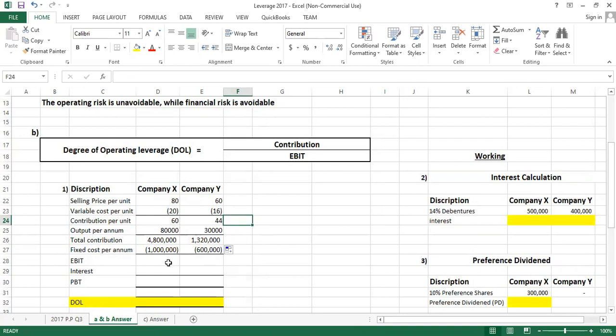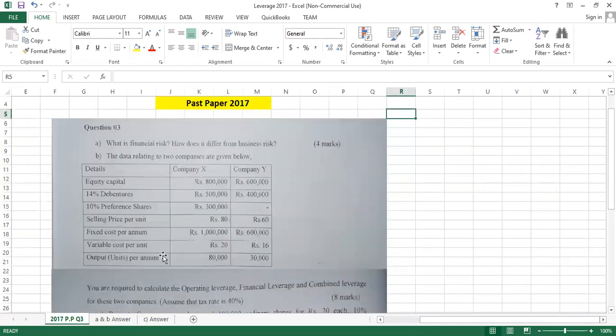Then less the fixed cost per annum, we can calculate the earnings before interest and tax. In this question, they gave the fixed cost per annum. Company X fixed cost is 1 million. Likewise, company Y fixed cost is 600,000.